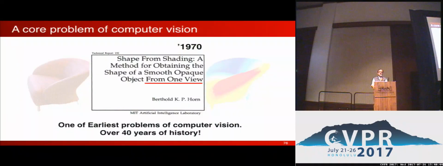Instead, we'll try to solve it by algorithms in computer vision, and this is a problem that dates back to the early days of the field, to the seminal work by Berthold Horn at MIT on shape from shading, on understanding 3D structure from lighting. And this goes back more than 40 years now in computer vision.